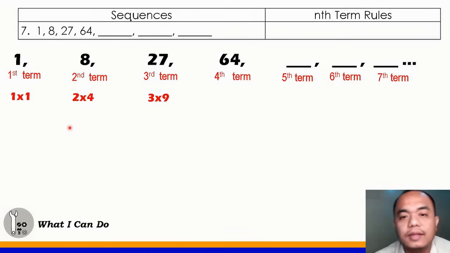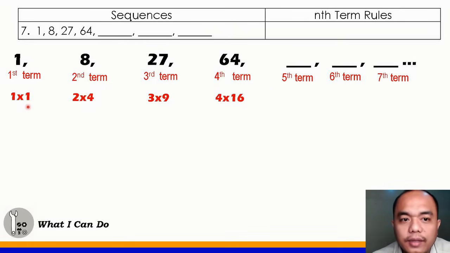Sige. Let's continue. Anong number na pwede nating i-multiply sa 4 para makakuha tayo ng 64? Yes, that's 4 times 16. Okay, now, the first number here, 1, 2, 3, 4 represents your term number.